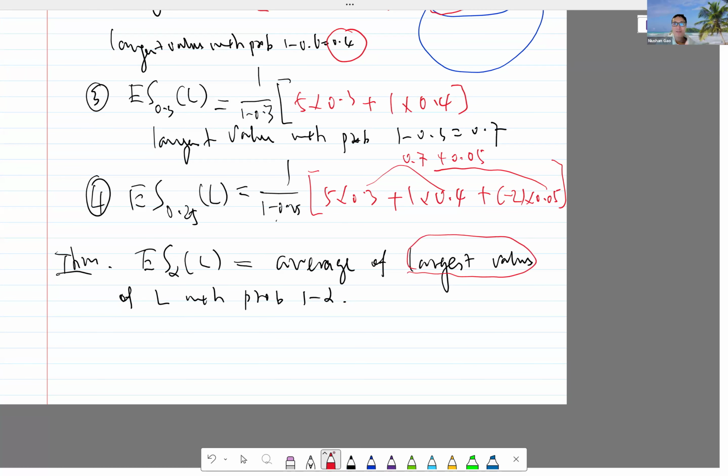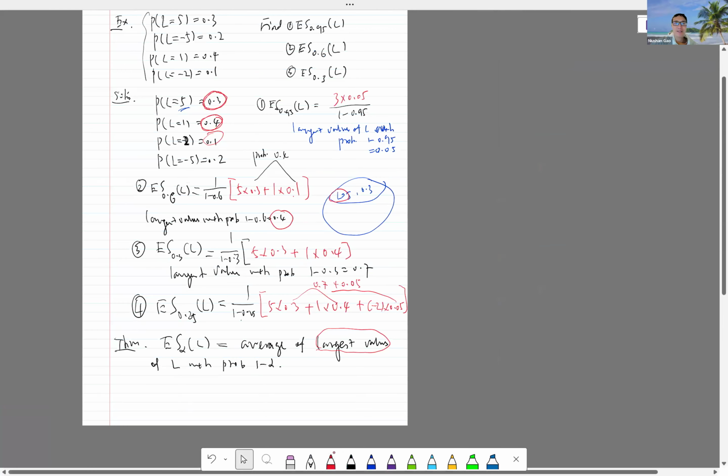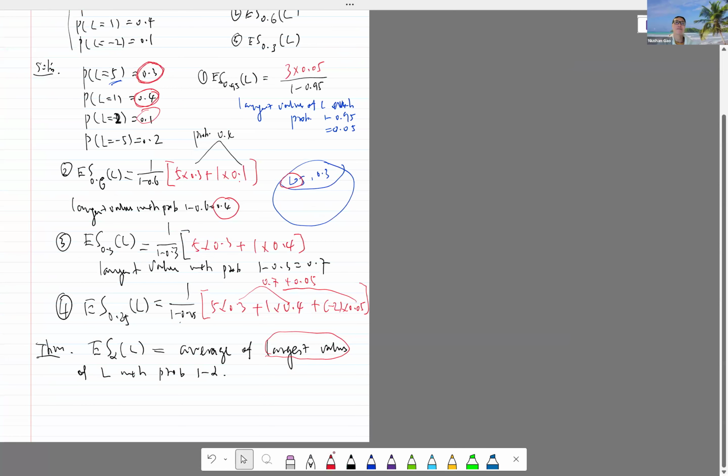Start from the largest values of L. But how many values do you need to accumulate up to the probability 1 minus alpha? So this is the second method, and it is based on this theorem.